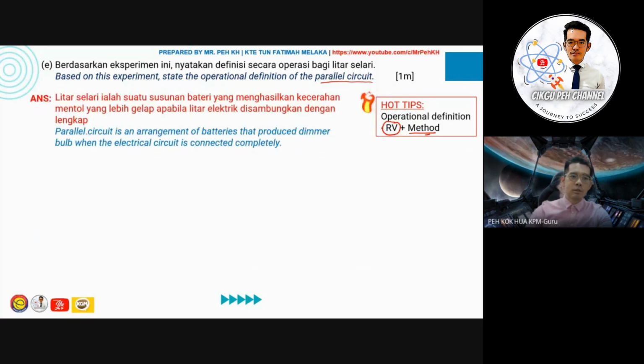So it will be like this: the parallel circuit is an arrangement of batteries that produces a dimmer bulb. The dimmer bulb will be our responding variable, when the electrical circuit is connected completely. This is the method we conducted in our experiment, and this is how we answer the operational definition question.